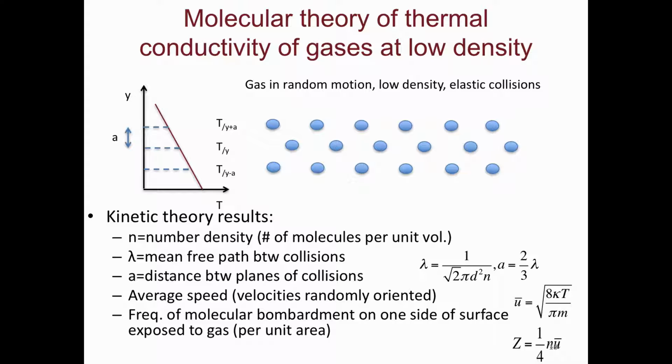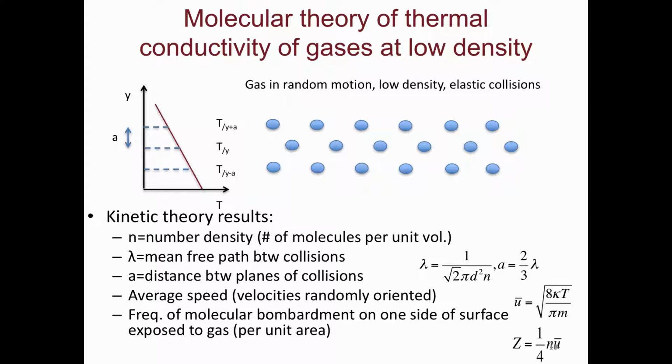So on average, the actual distance in one of the coordinate dimensions between the two is 2/3 of that. Okay. So my a is then that coordinate plane difference, or average coordinate plane difference between two collisions. And that's given as 2/3 lambda, where lambda depends on the diameter of molecules and their number density. Okay, so how many molecules do I have per unit volume?